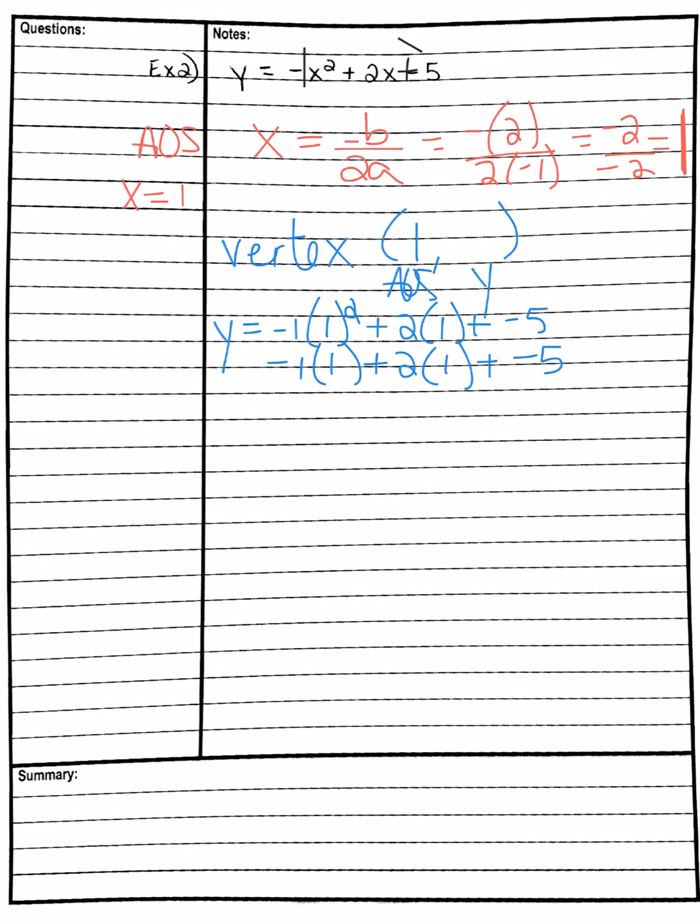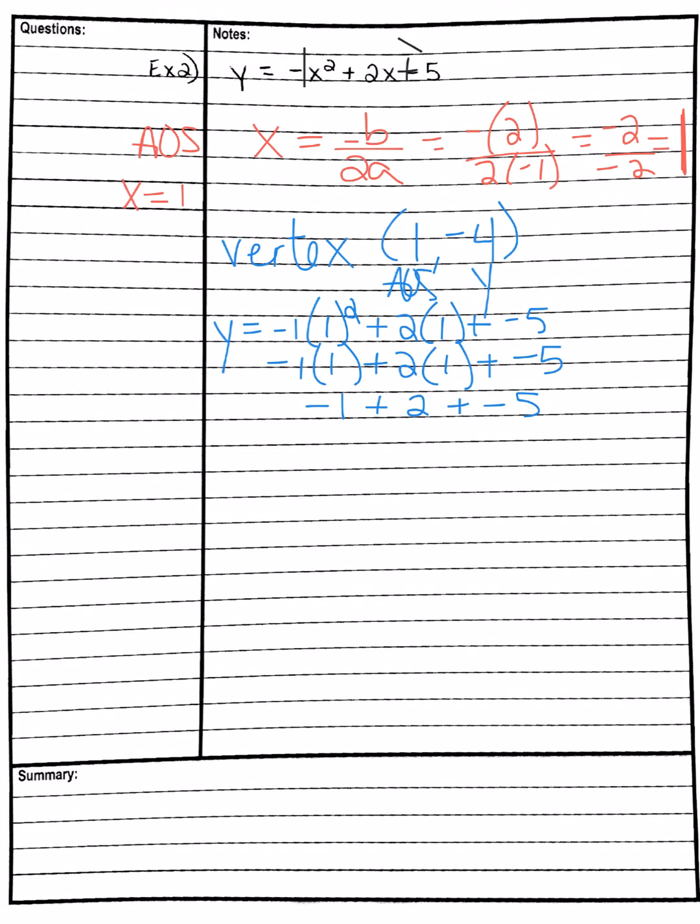Next would be multiply. Negative 1 times 1 is negative 1. Plus 2. Plus negative 5. And so we would end up with negative 4. My y value will be a negative 4. That is our vertex. So it's going to be located at 1 comma negative 4.